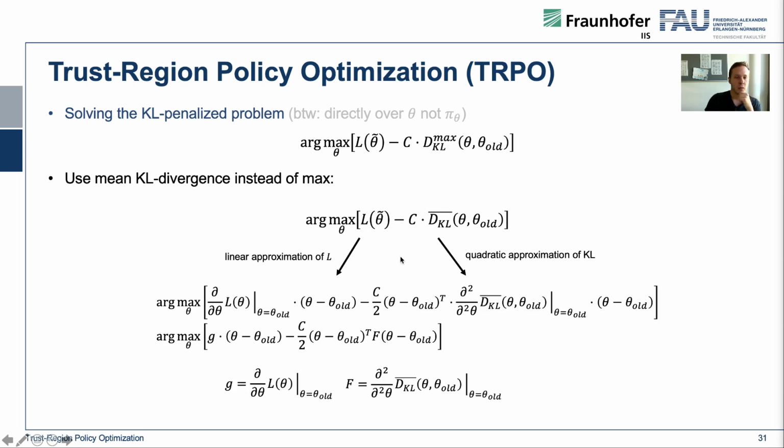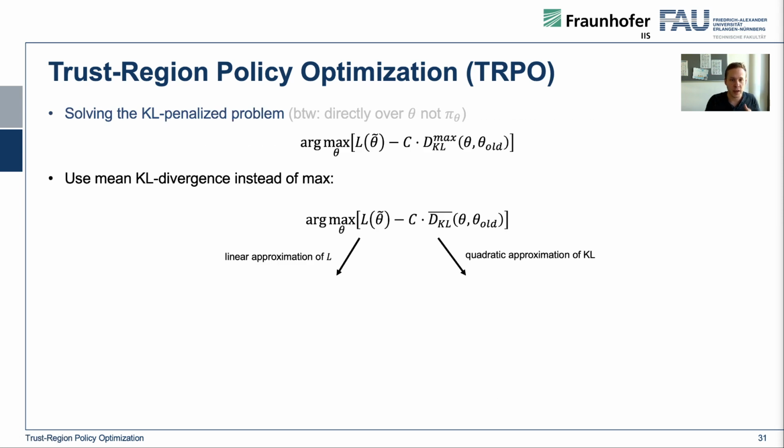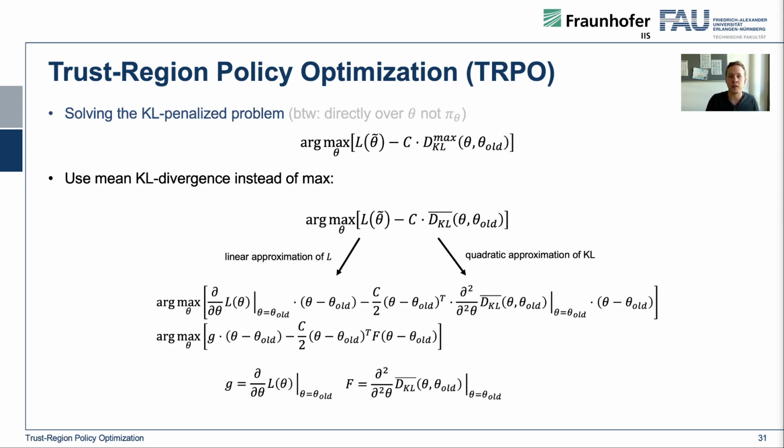So we make a linear Taylor approximation of our surrogate function here, and a quadratic approximation of the KL divergence. KL is bounded to your trust region, because we want the second order approximation to define a trust region around our parameters, which is why we do a quadratic approximation of the KL.